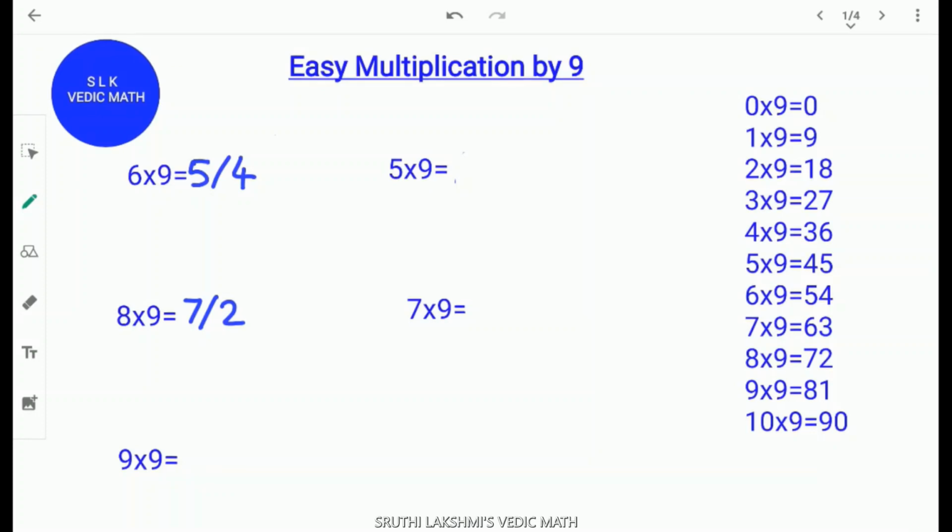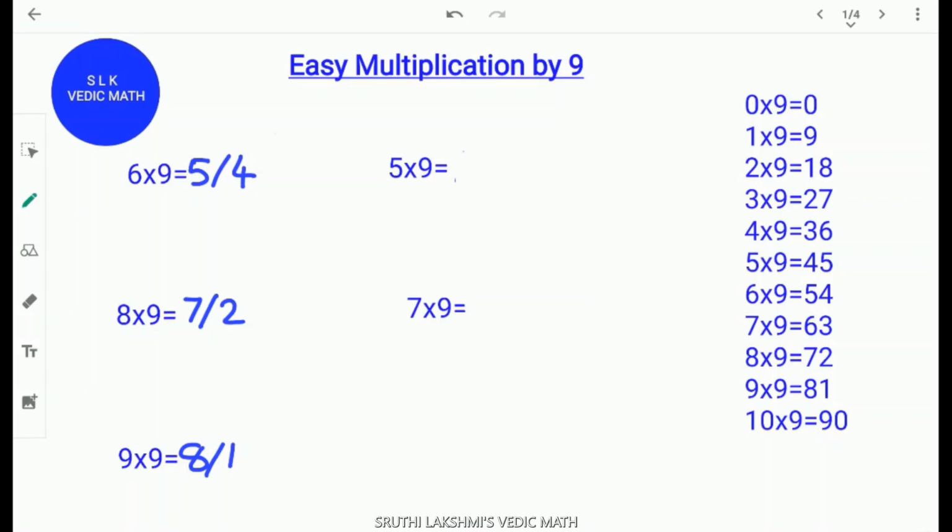9 times 9. 1 less than 9 is 8. Don't forget to put a slash. 8 plus what equals 9? 1. 9 times 9 is 81. Let's see another example. 5 times 9. 1 less than 5 is 4. Write down the 4.